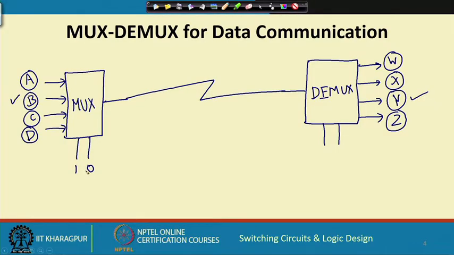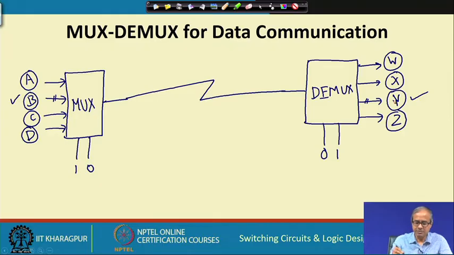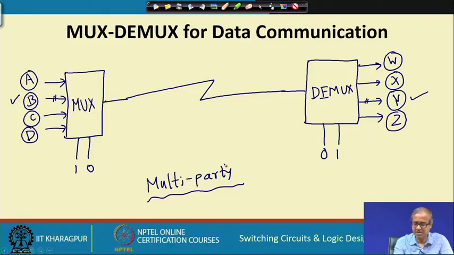The telephone exchange will apply 0 1 to the select line here, so that B gets selected, and it will apply 1 0 to the select line here, so that this output gets selected. So, ultimately B will be available on this line and this will get connected to Y. So, for multi-party communication, this kind of multiplexer demultiplexer pair can be very useful, as this simple example shows you.